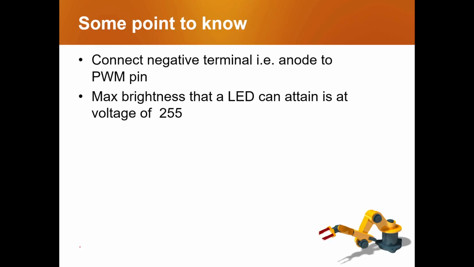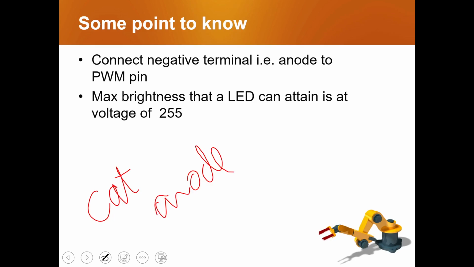Now let's understand the coding part. Before that, let's understand a few things. There are two terminals, cathode and anode. This is how I remembered it: cat means positive, and since one is positive, the other is negative.